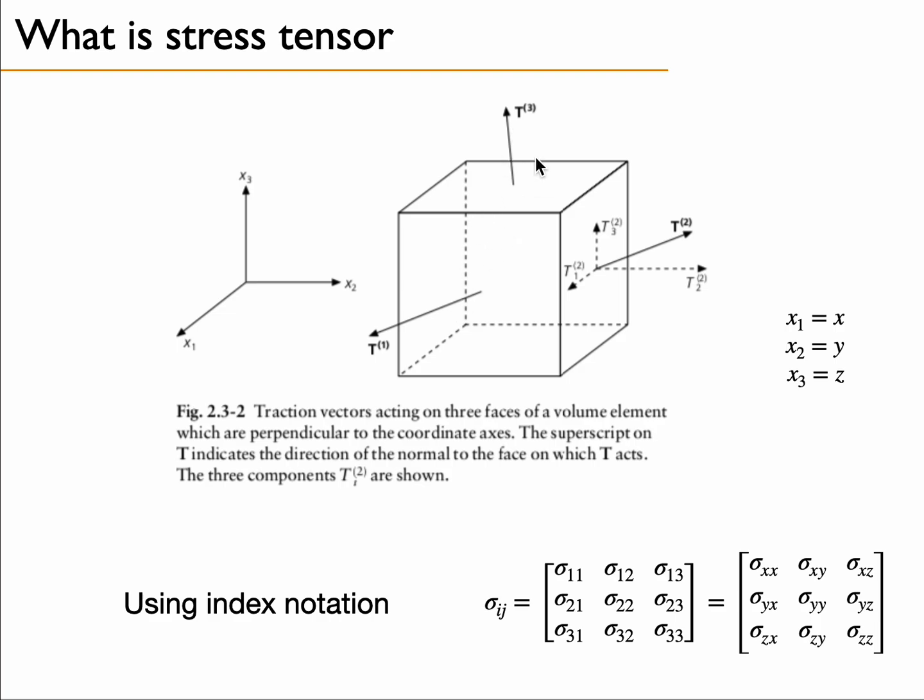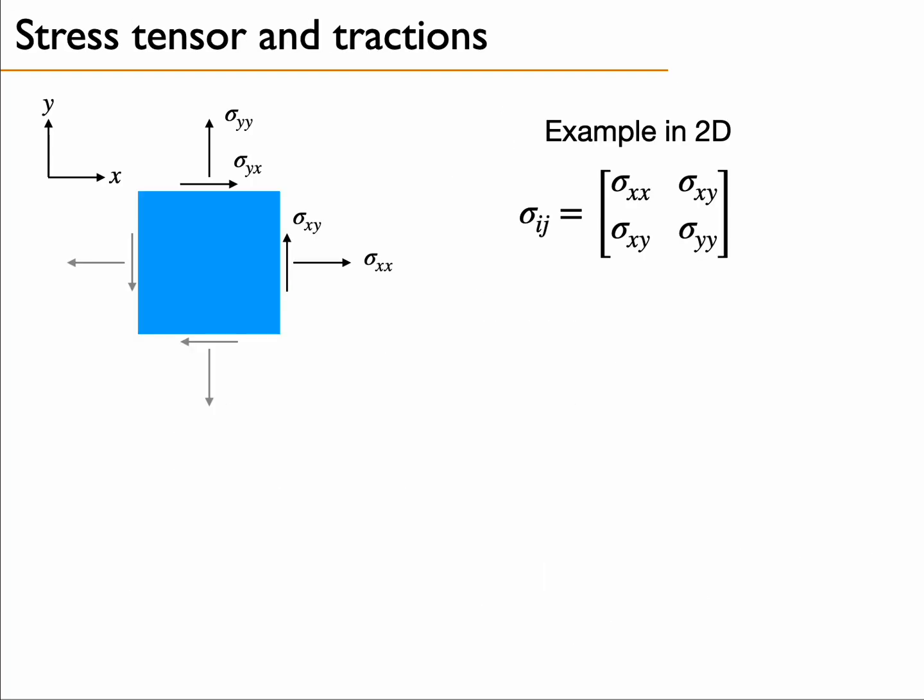And by collecting these three traction vectors together, we get the stress tensor in 3D. So this corresponds to traction vector 1 projected on the x1, x2, x3 coordinates. This is traction 2, and this is traction 3. So it's basically the collection of the three traction vectors in space.